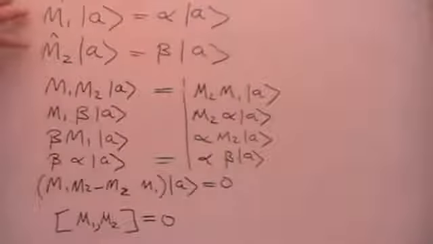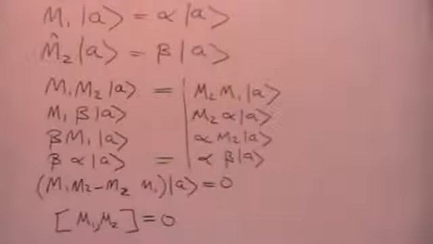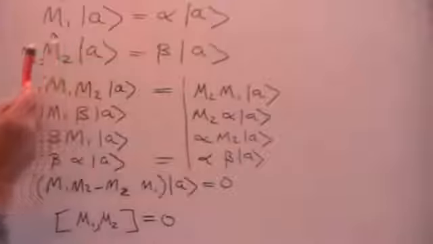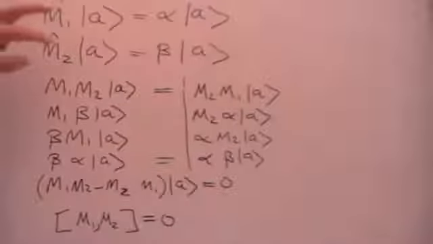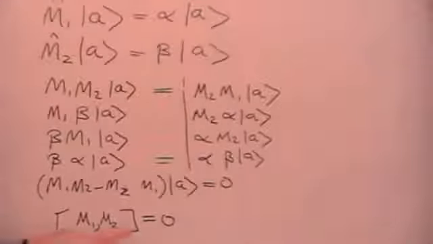But if you're going to measure two things at the same time, then the commutator must equal 0, which is another way of saying that the two operators must both be able to act simultaneously on the same state. And that means that this state must simultaneously be an eigenvector of M1 and an eigenvector of M2. And if M1 and M2 do not have common eigenvectors, you cannot measure them at the same time, and the commutator will not be zero.